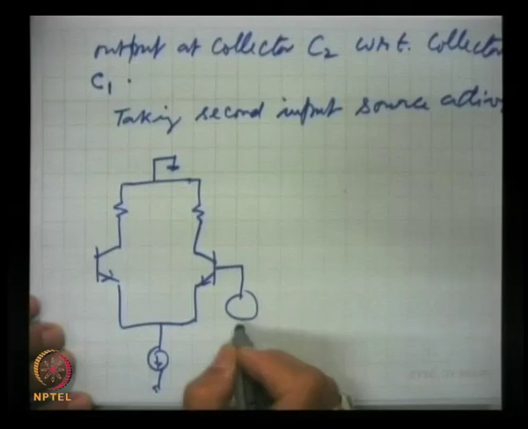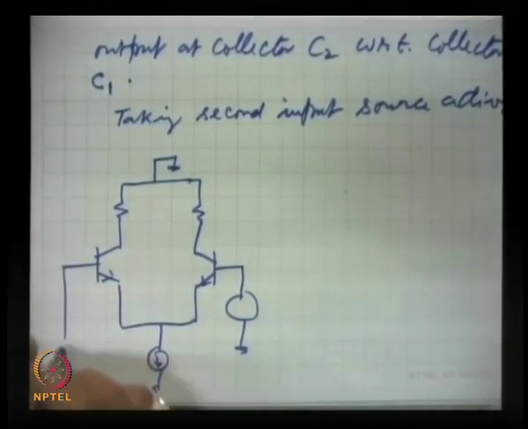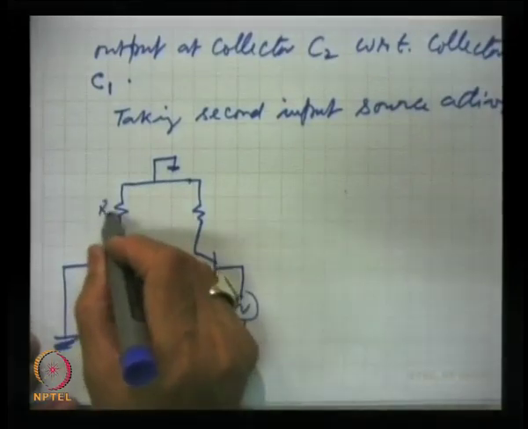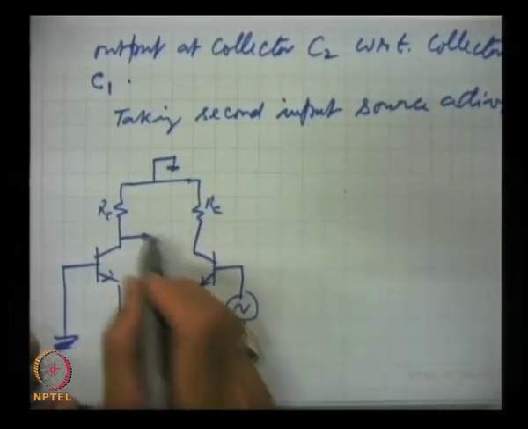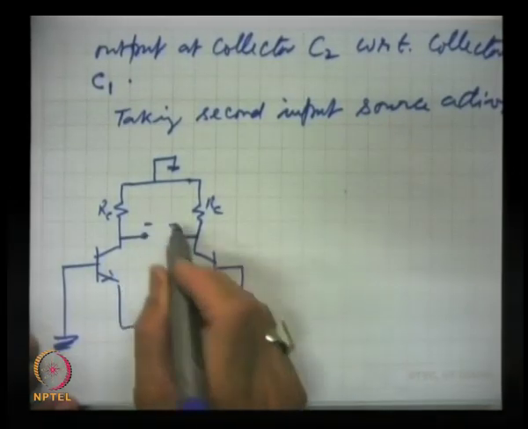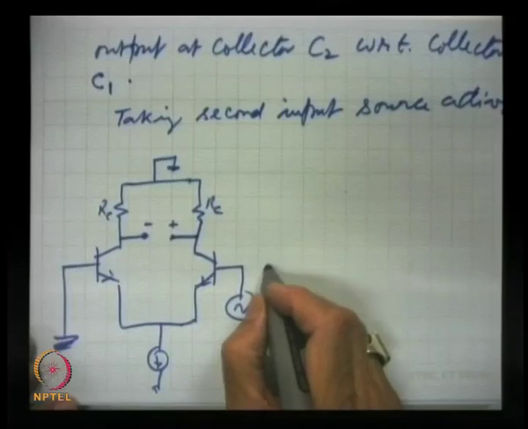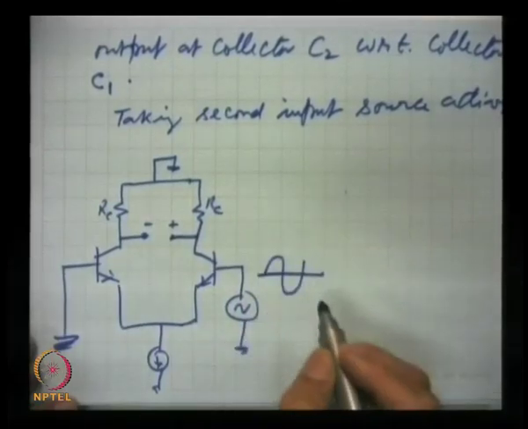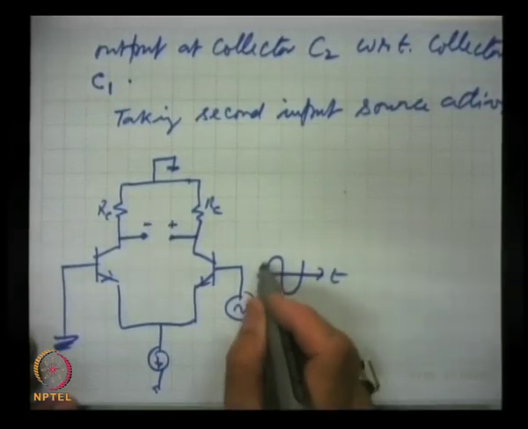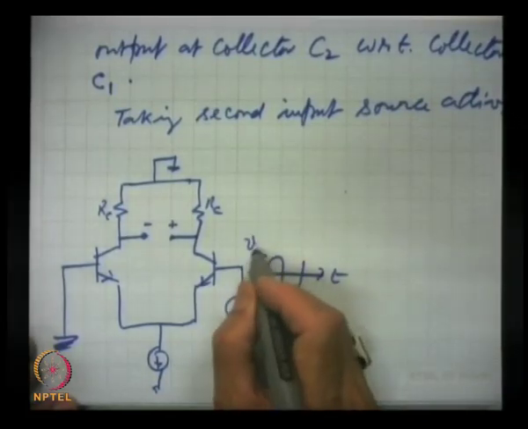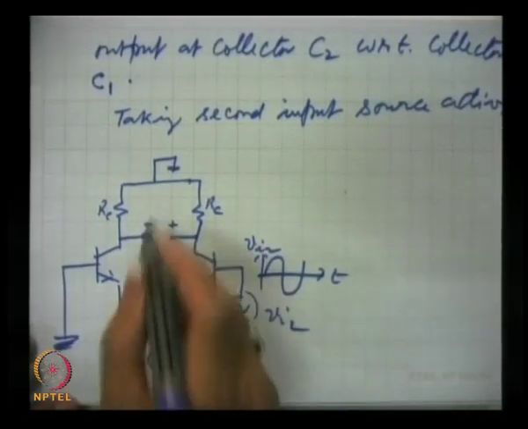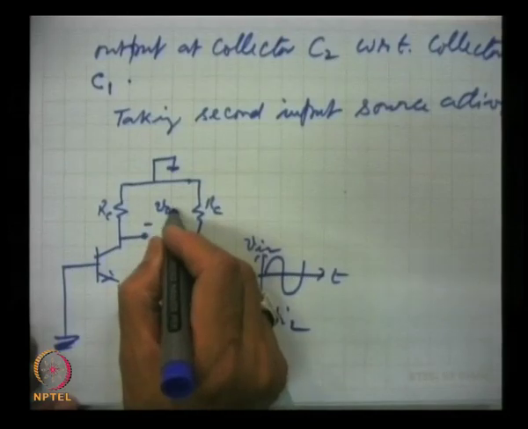This is active, this is grounded here, and this is RC. At that instant when the input has its maximum, the signal is like that, time versus this is Vi2, this is VO2.